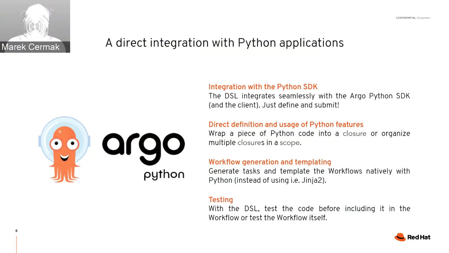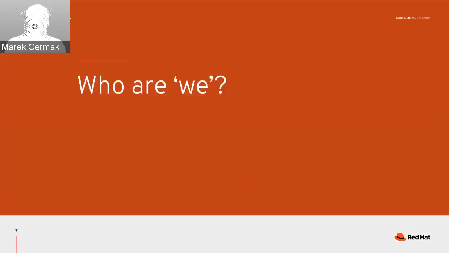So imagine you have a huge YAML file and you want to template some variables. So you typically use Jinja for it. And Jinja, if you've seen Jinja, you know, it's just pain. And also testing. You can test pieces of code that are written in Python before you actually include them in the workflows, or you can test the workflows themselves, in fact.